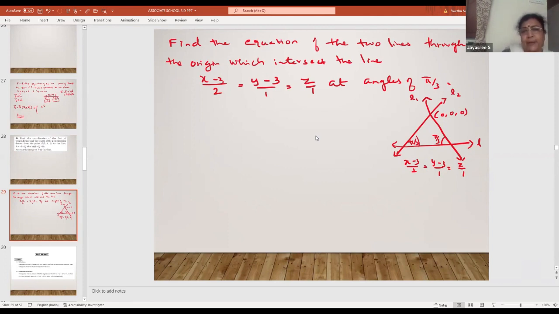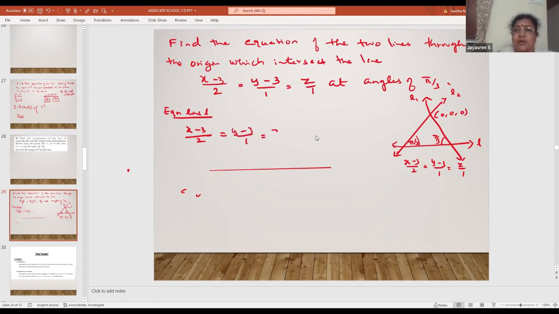Our step 1 will be, we write the direction ratio of L1. General point of L1 we will write. General point of the line L. Equation of line L is x minus 3 by 2 is equal to y minus 3 by 1 is equal to z by 1.